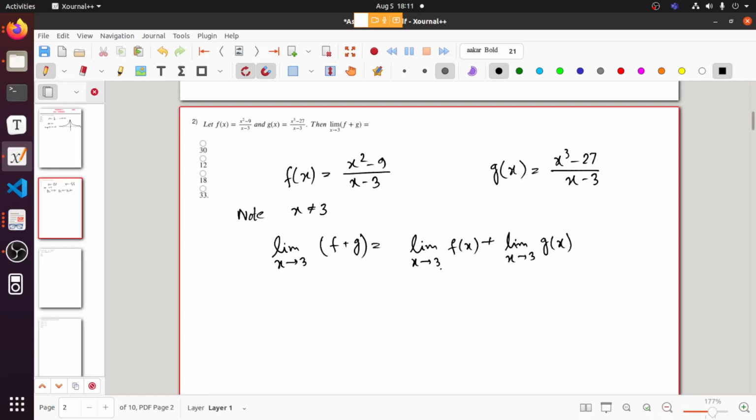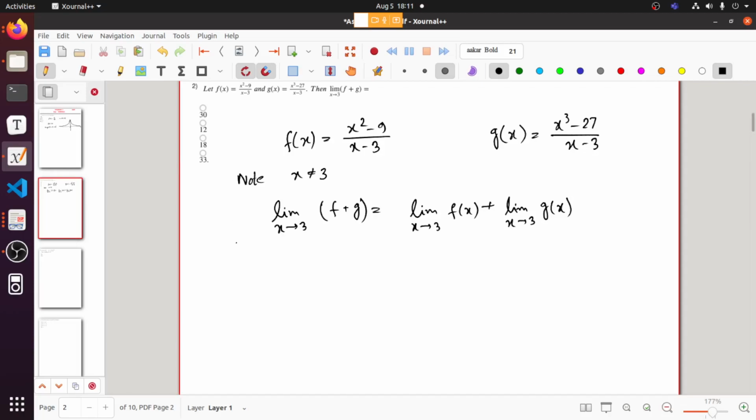So you have to find the limit individually. Let's first find the limit of f(x). Limit as x tends to 3, write down the definition of f, (x square minus 9) by (x minus 3).